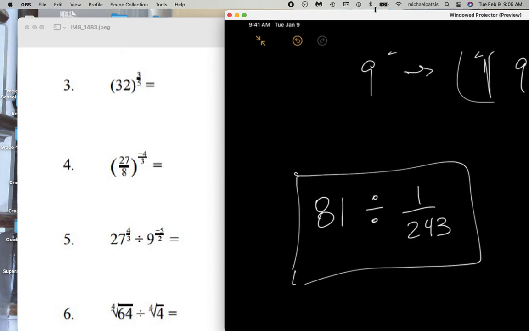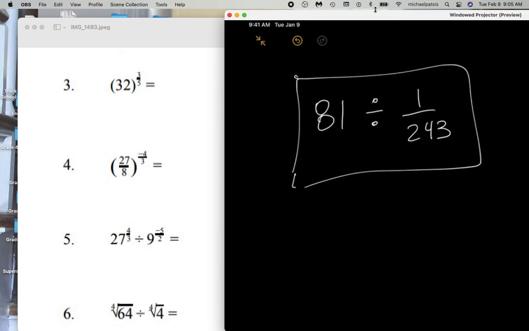We can handle that. But we're not used to seeing this laid out this way. There's 2 ways to do this. The way that I prefer is to use keep, change, flip. Whenever you're dividing and there's a fraction involved, you can use keep, change, flip.